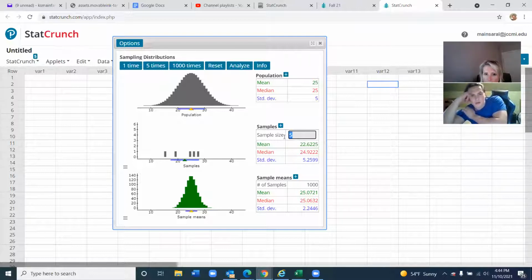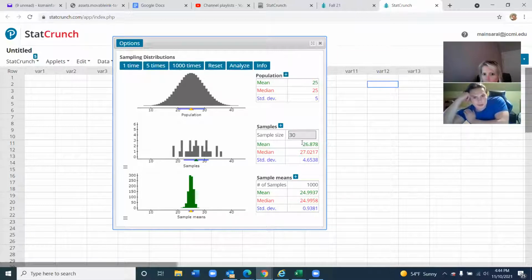Now, let's say I did a sample size of 30, and I'm going to run this 1,000 times again. My one sample of size 30 had a mean higher than the average this time. It wasn't as much skewed left, and the standard deviation was just a little bit under the population. But look at what happened to our 1,000 samples. Our mean and our median are both extremely close to 25. It's very symmetric, and look at how small the standard deviation is.